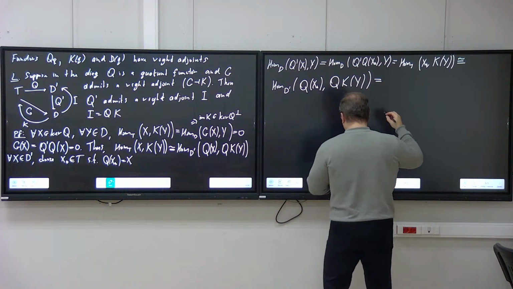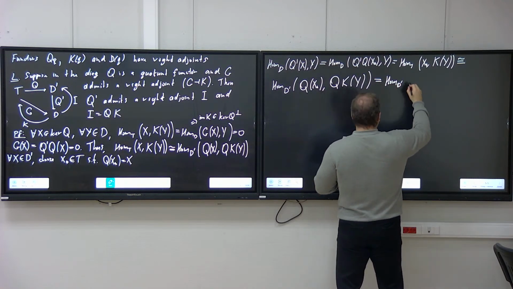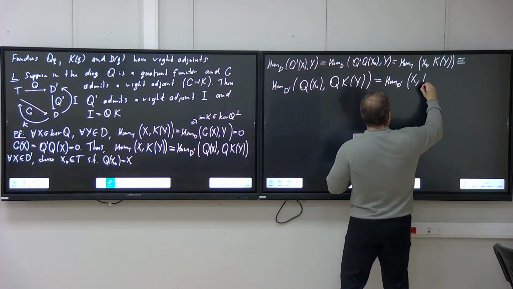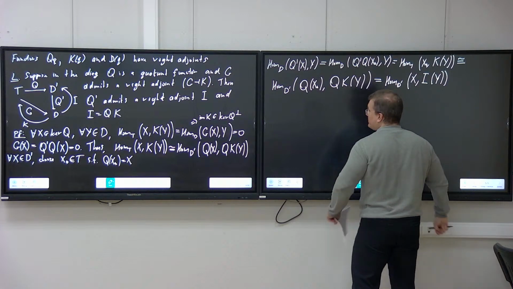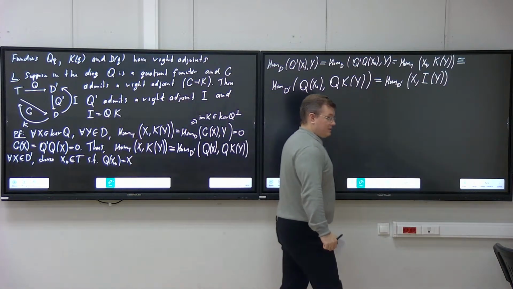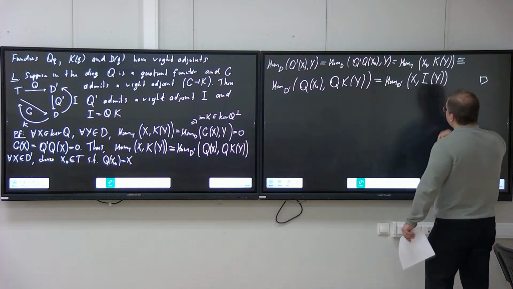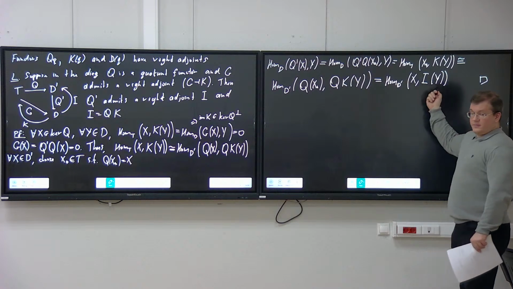So this will be the home in the D prime, x to I of y, right? This is how we define I as a composition of q and k. So that's the end of the proof, right? We proved that the right adjoint for q prime is I.